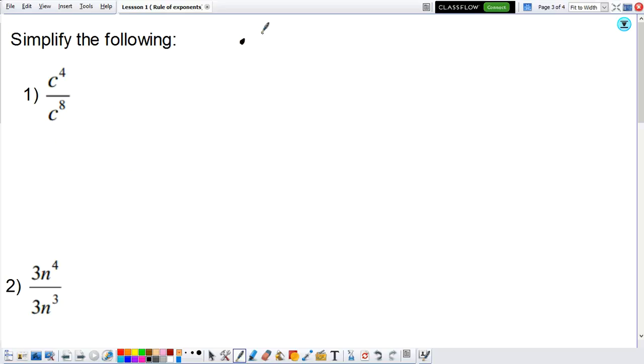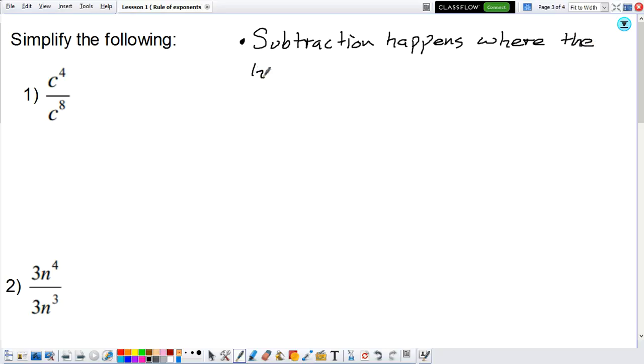So let's write that down. So the subtraction happens where the highest exponent is located.